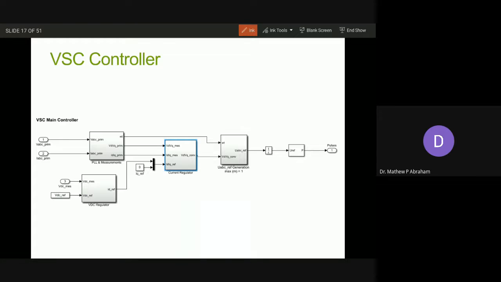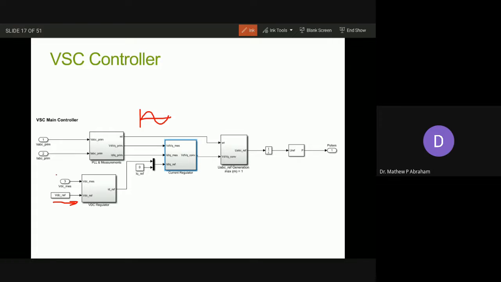It takes the voltage measurements and gives them to a PLL block, so that the PLL block will be creating unity sine waves. And the VDC reference is given by us as the input.